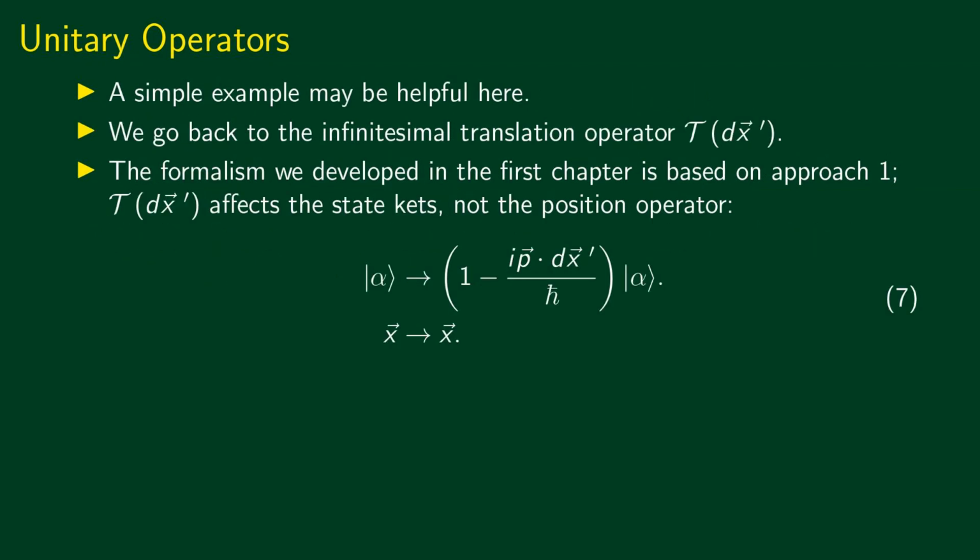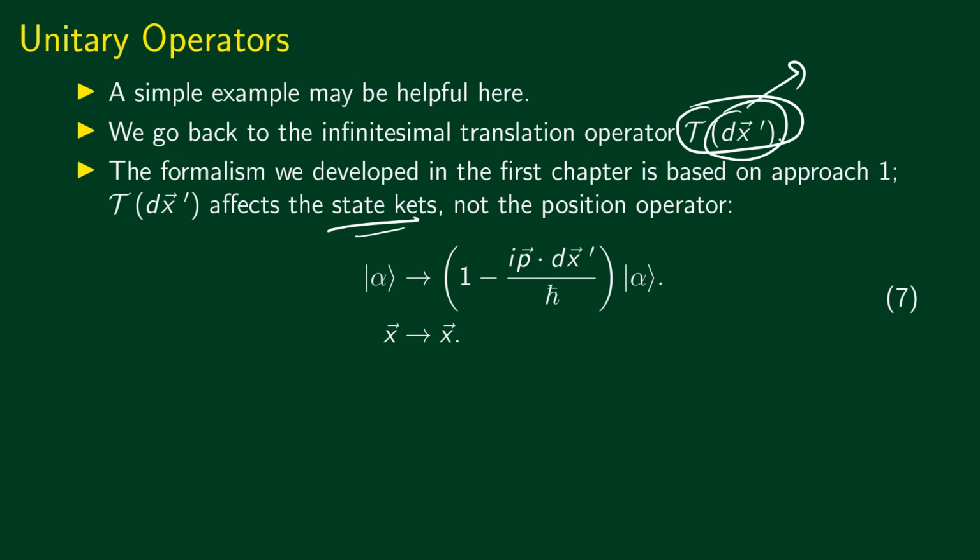A simple example may be helpful here. Let's go back to the infinitesimal translation operator written as T(dx vector prime), where dx vector prime is an infinitesimal displacement. Now we talked about this in the first chapter and it was based on approach 1. We said that the state ket gets changed under a translation. According to the first approach, this T(dx vector prime) affects the state ket and not the position operator.